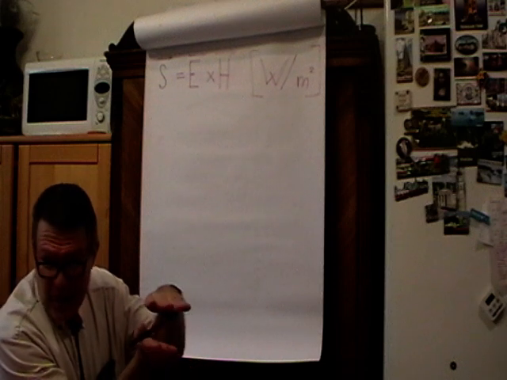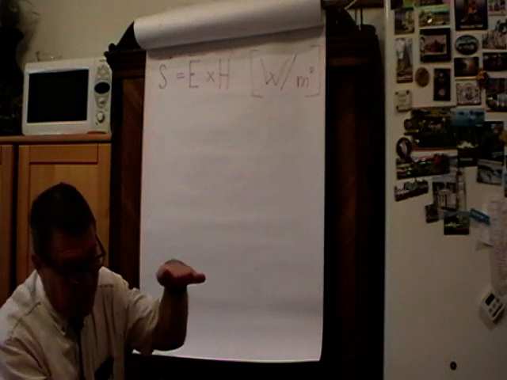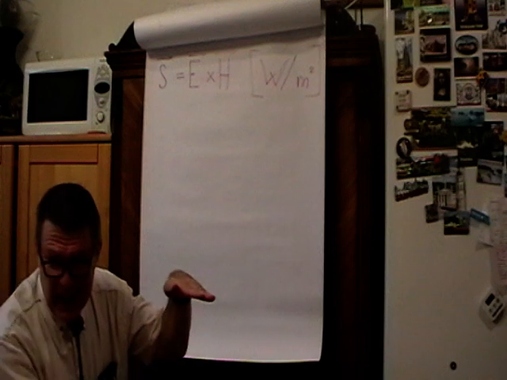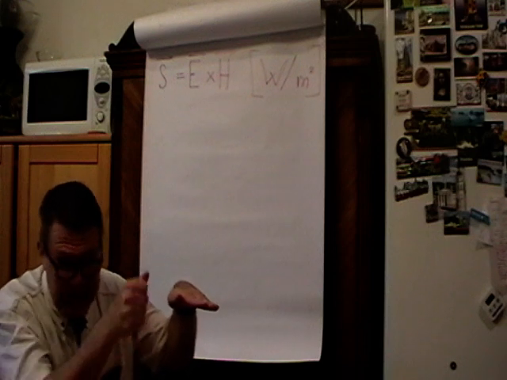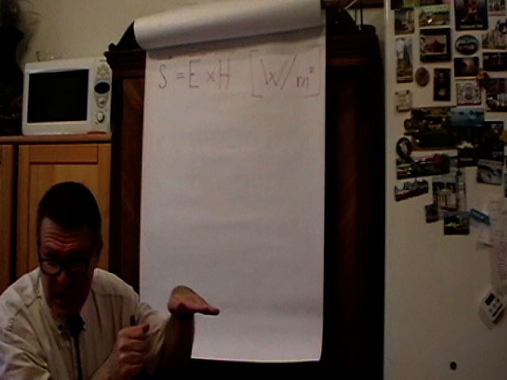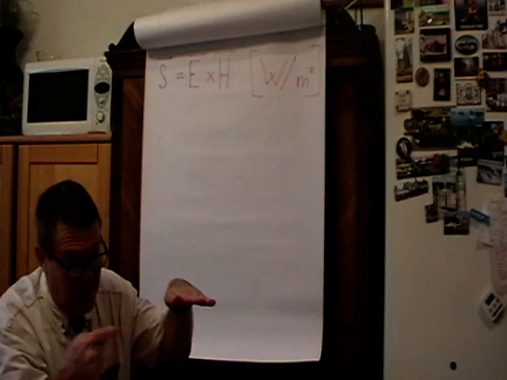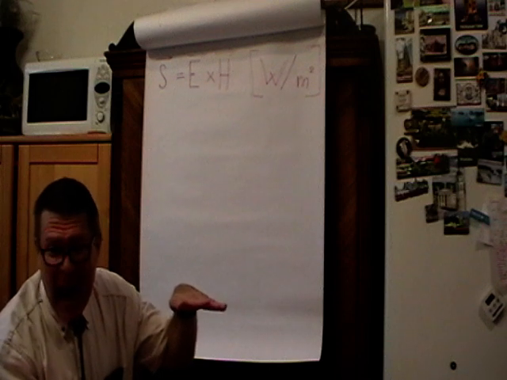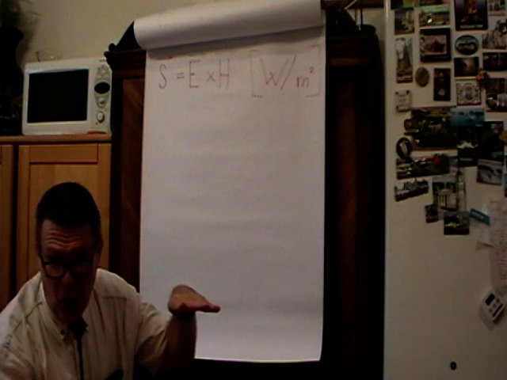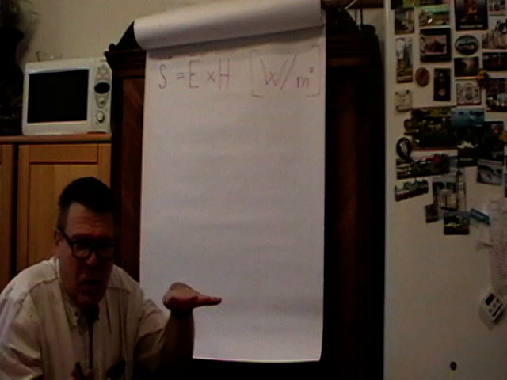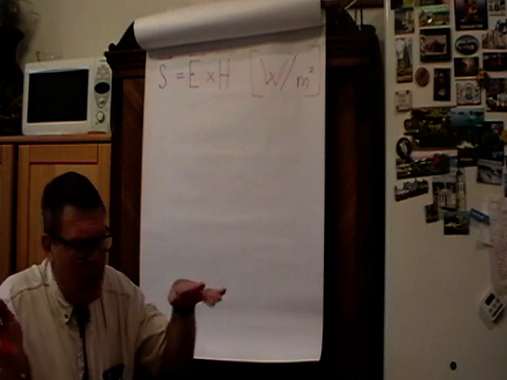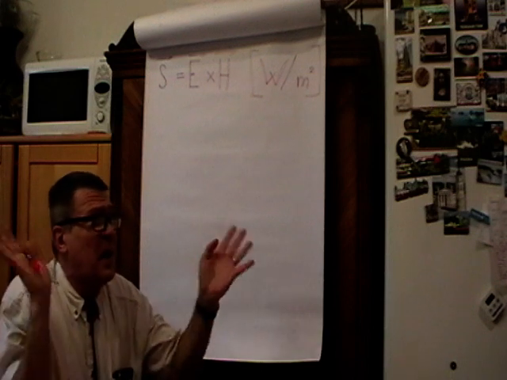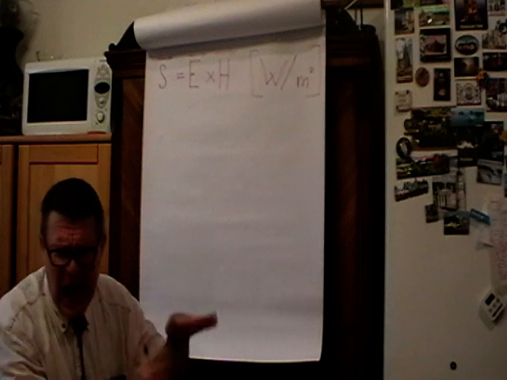He puts there some voltage, so he creates an electric field vertically. Then he brings a permanent magnet and places it around it, so he creates a magnetic field which is horizontal. And he says, hey, I have found a source, and now he calls it free vacuum energy or free energy or anything.